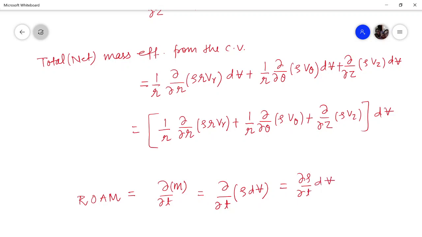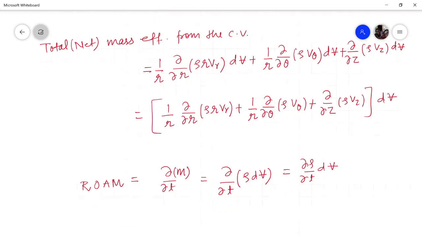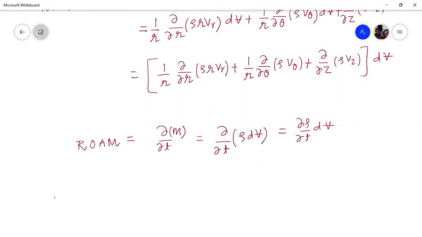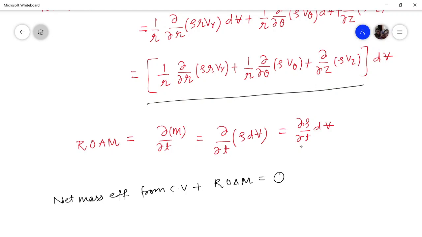So if you now club everything, the net mass efflux from the control volume plus the rate of accumulation of mass within the control volume should come out to be 0. Therefore, this plus this should be 0.